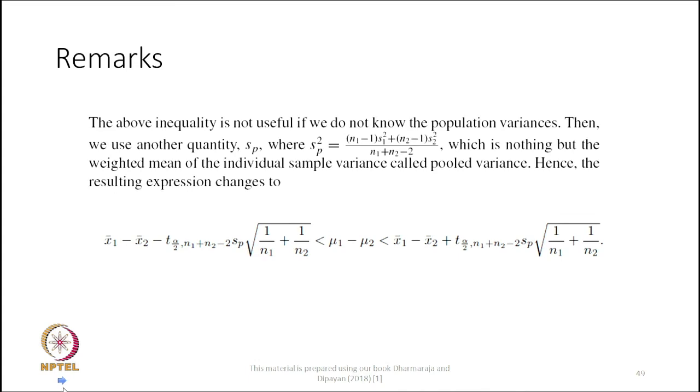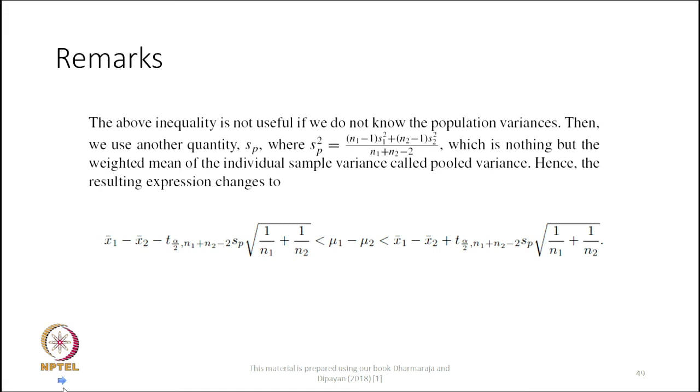First we started with only the population means unknown, whereas the population variances were known. But if the population variances are also unknown, then you can use the pooled sample variance, S suffix p square, p for pooled, that is n1 minus 1 times the sample variance S1 square of the first population plus n2 minus 1 times S2 square of the second population, divided by n1 plus n2 minus 2, because you end up with n1 minus 1 degrees of freedom for the first one and n2 minus 1 degrees of freedom for the second one.